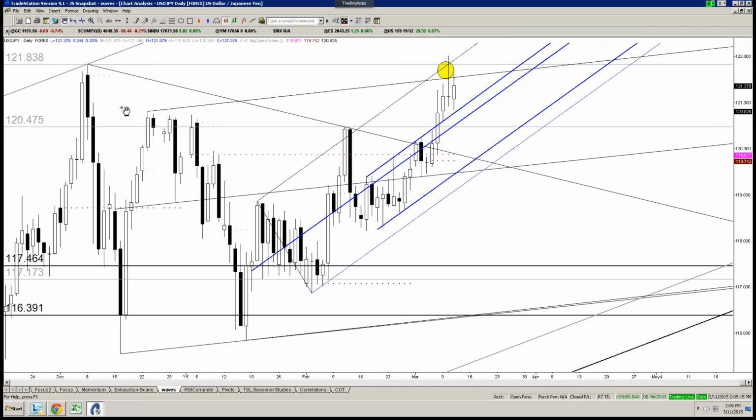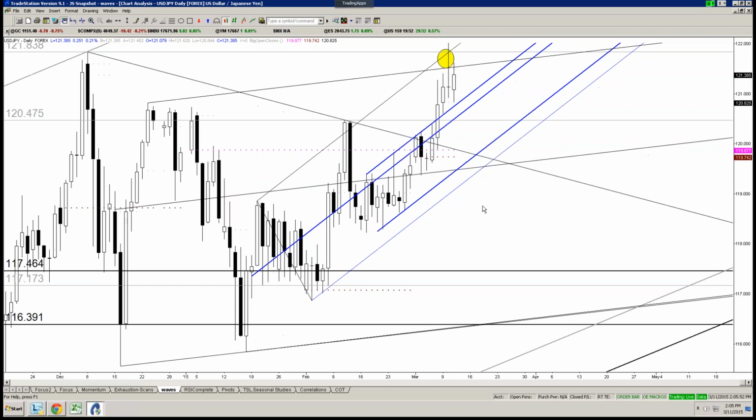So we have confluences from several upper parallels. At the same time, we're sitting above support from former resistance. That was resistance, that was resistance, that was resistance, that was support. Today's low is a few pips above it. So in order to get bearish dollar yen itself, you really need to see this thing break lower here, then retest it, fail, and then ideally look for some bearish slope to trade on.